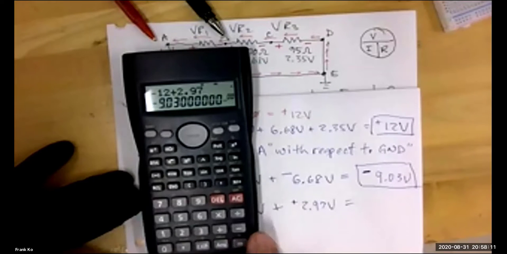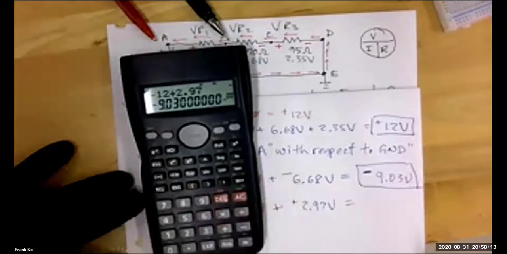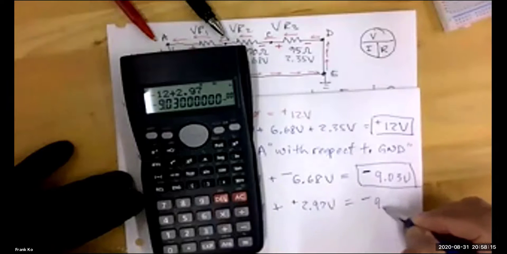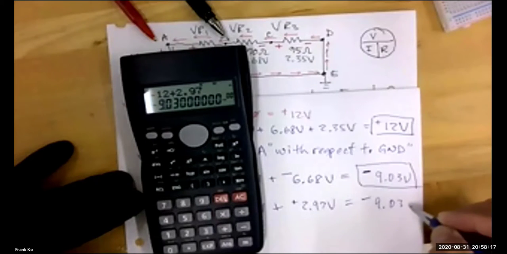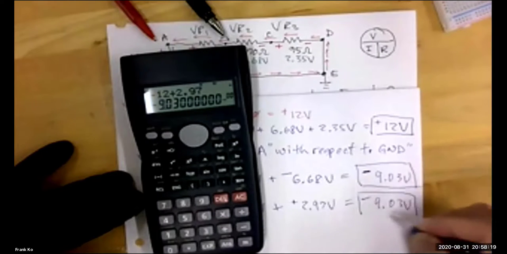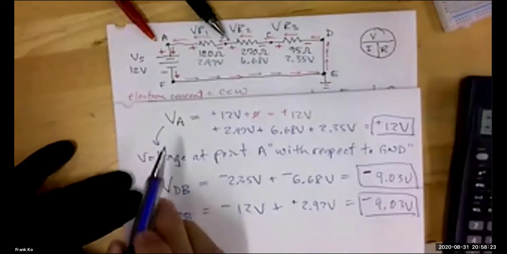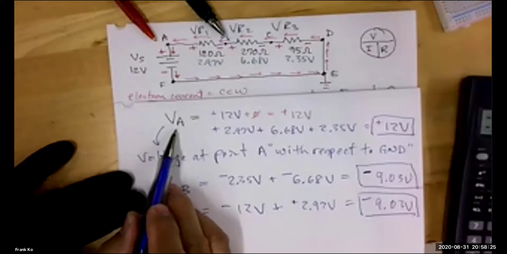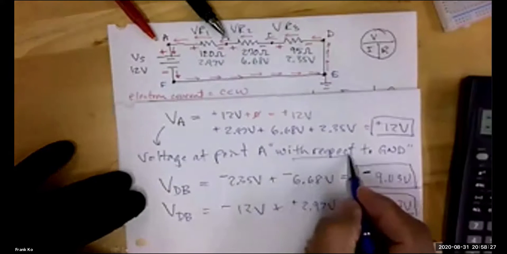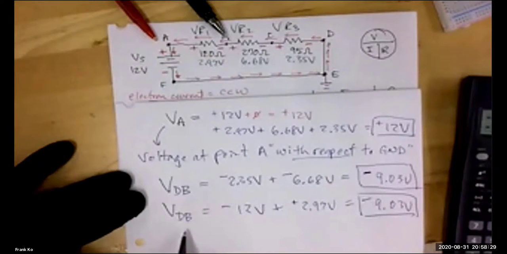What does the display of the calculator show us? Negative 9.03 volts. This, my friends, is how you reconcile voltages at single points with respect to ground and voltages between two specified points. First point always gets the red probe, second point always gets the black probe.